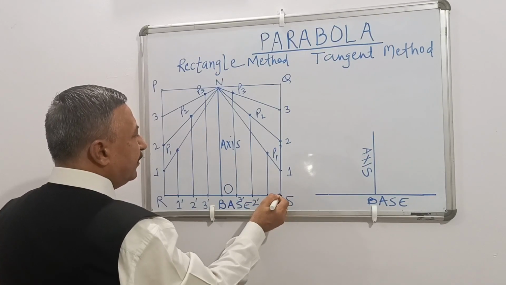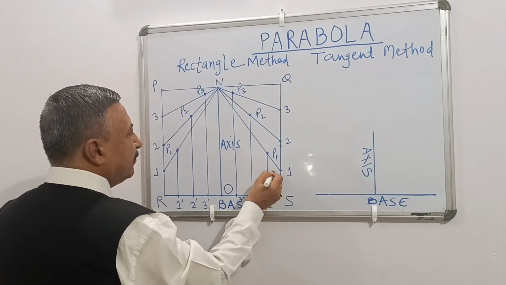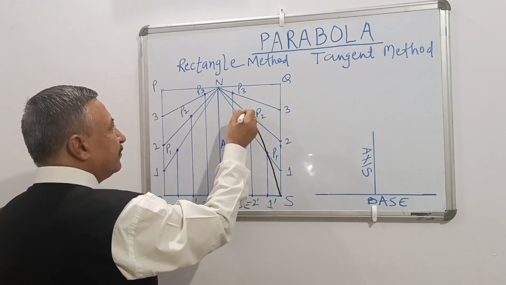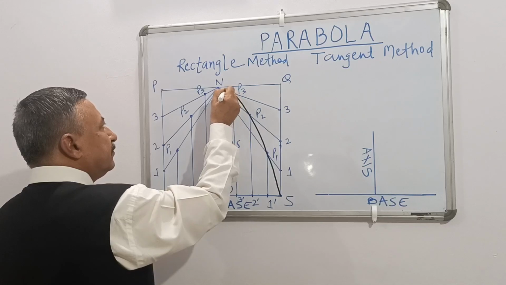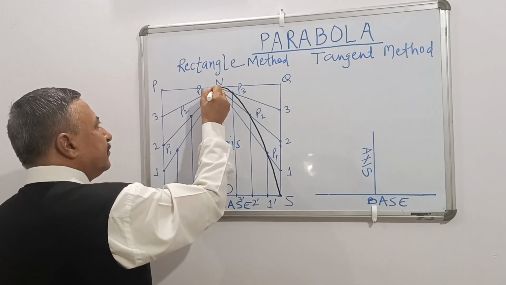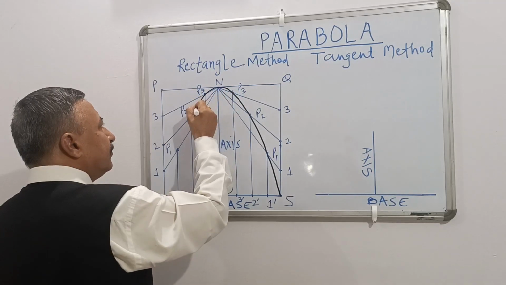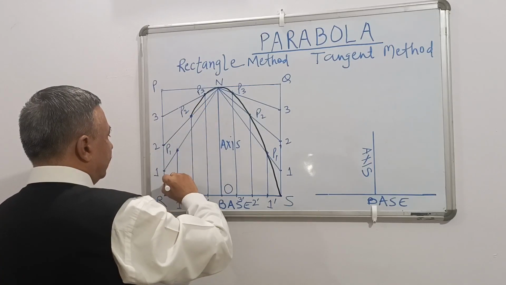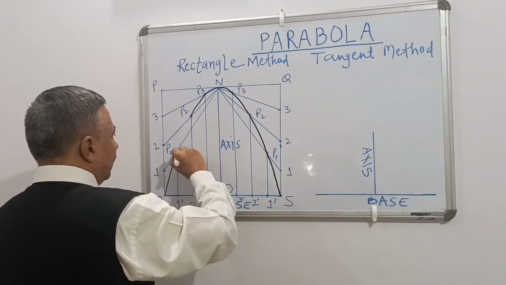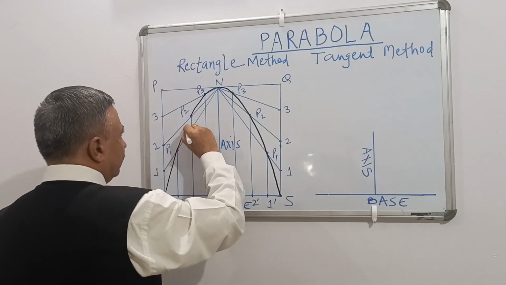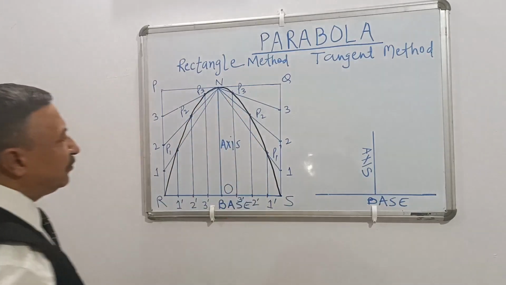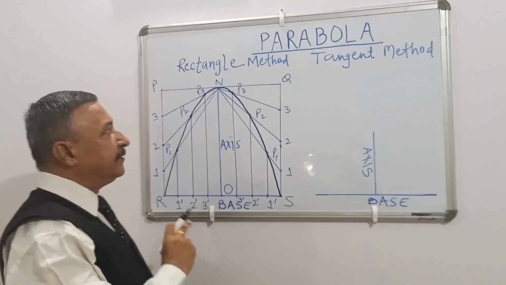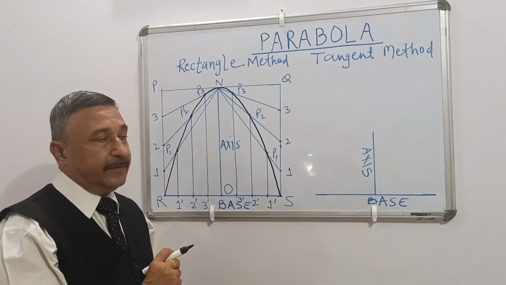Start from here and draw a free and smooth curve. So this is our required parabola by the rectangle method.